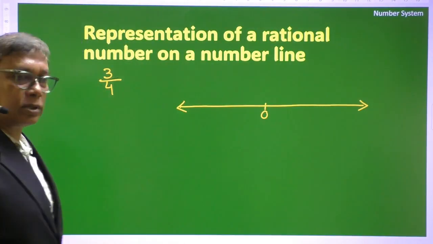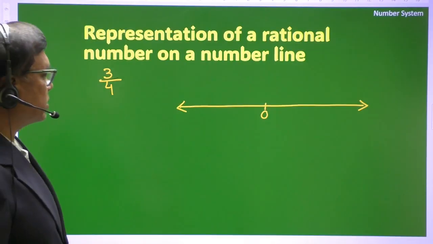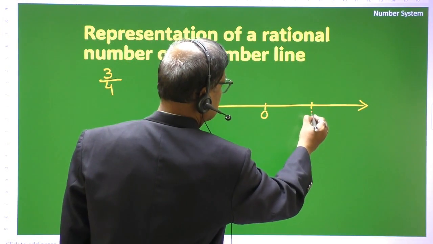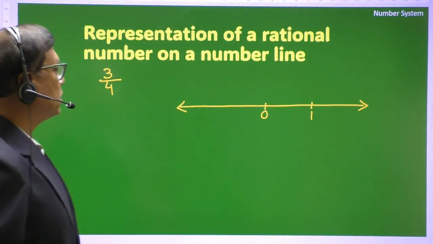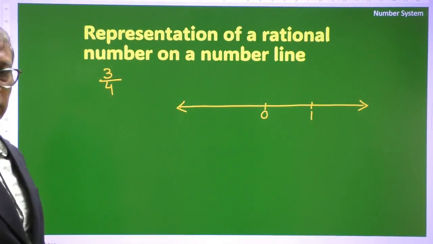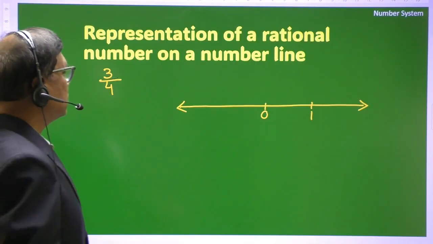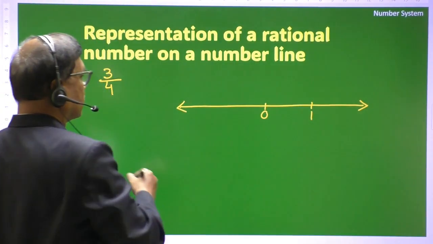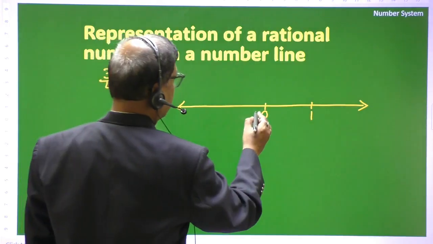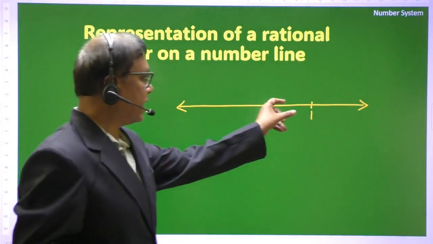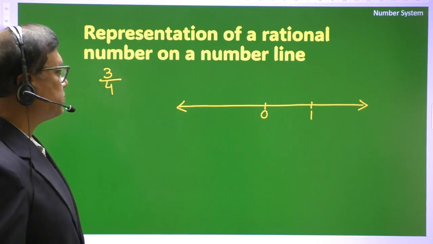So 3 by 4, its value is less than 1. So first I'll mark this is 1. So 3 by 4 obviously will be in between 0 and 1. But where? Since the denominator is 4, that means we will divide this 1 length into 4 equal parts.